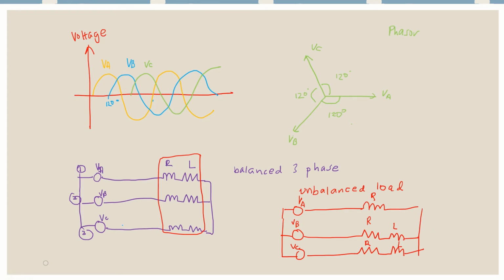So you will see that phase A is just R, but phases B and C are RL. So can you see it's not the same? So this is called unbalanced. But in this chapter we are not going to discuss unbalanced load. We're just going to focus on the balanced three-phase system.